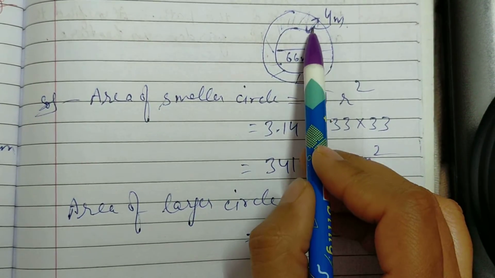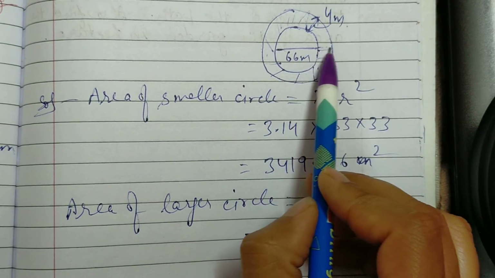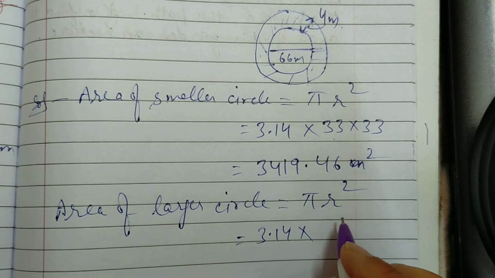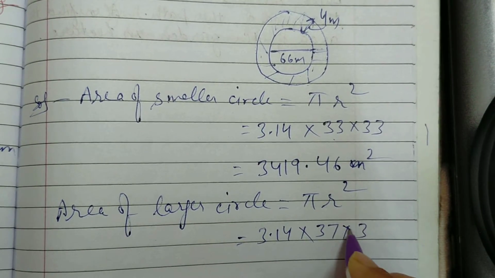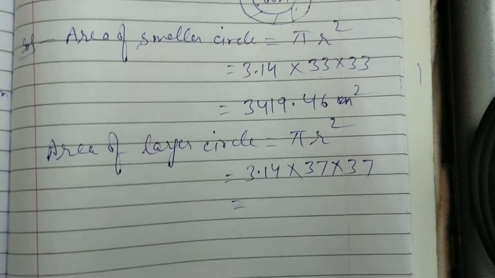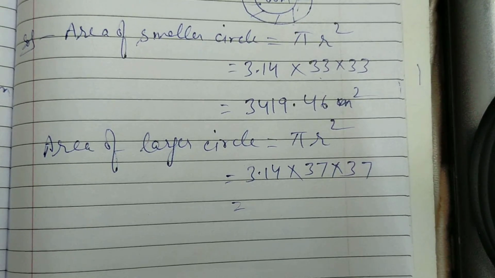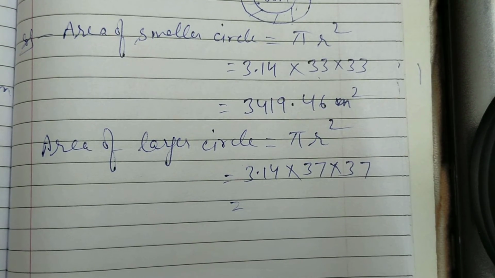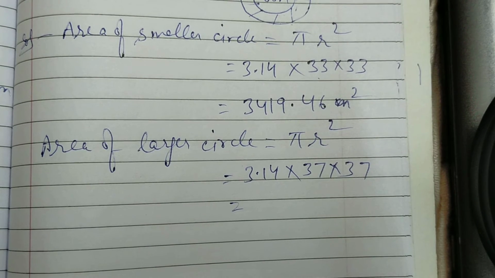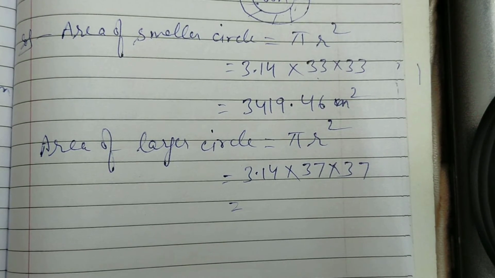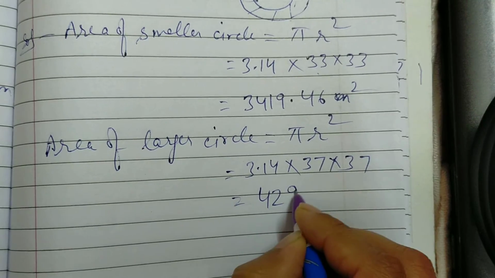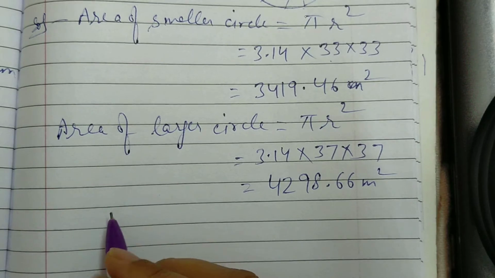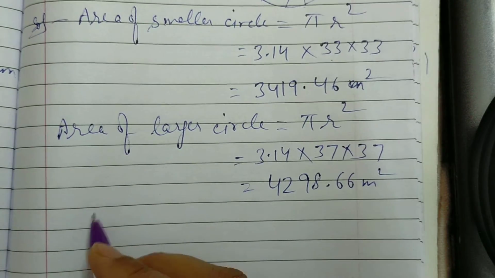This path is 4 meter wide, so we can add 4 to the radius. 33 plus 4 will be 37. Multiply again and calculate the value. It will be 4298.66 meter square.